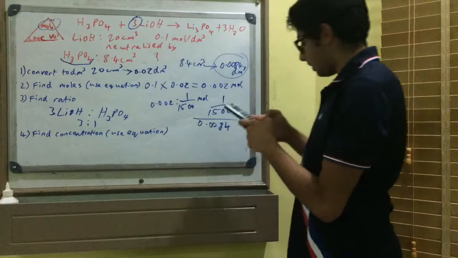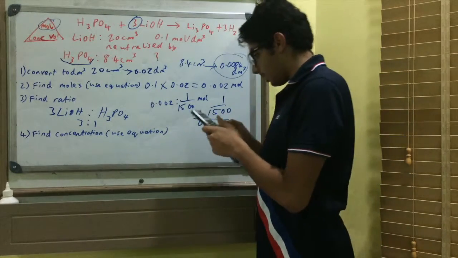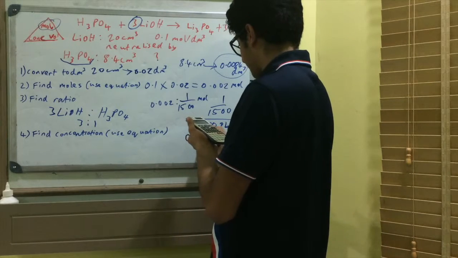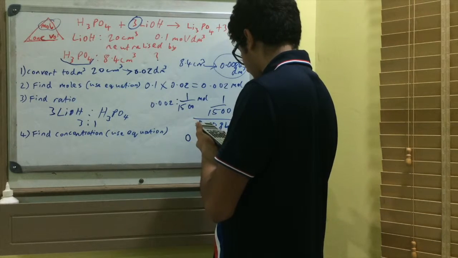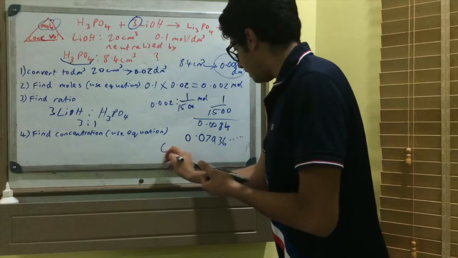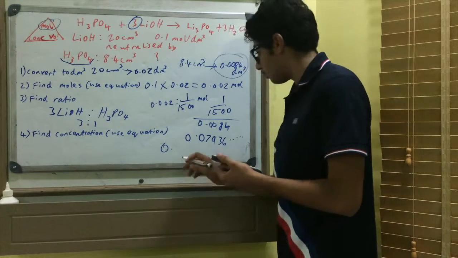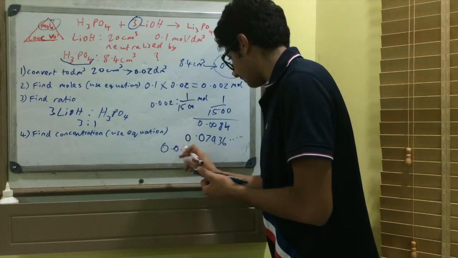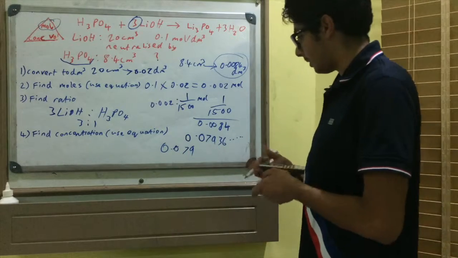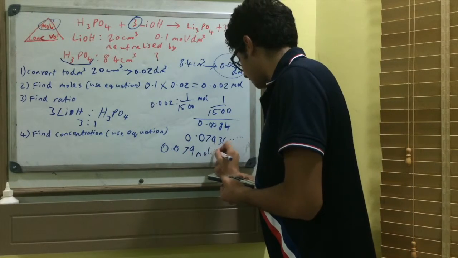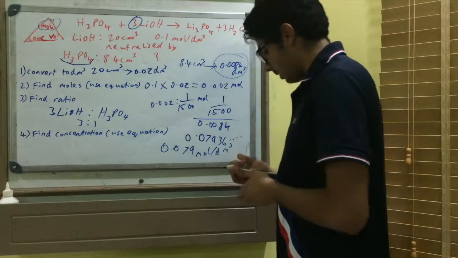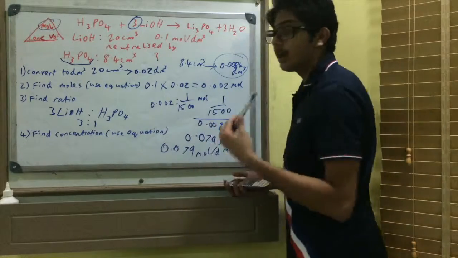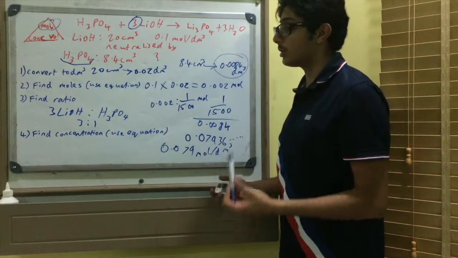Put that into your calculator, and that gives you 0.07936 and so on. Leave it to two significant figures, 0.079 moles per decimeter cubed. So if you follow these 4 steps, you should have no problem doing a titration calculation.